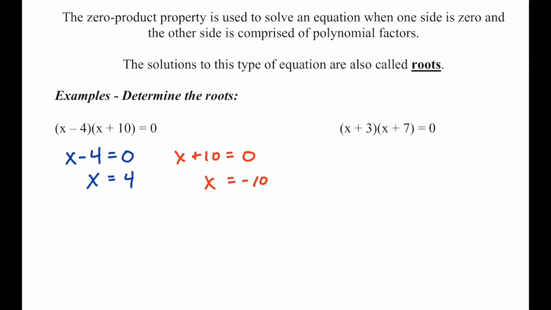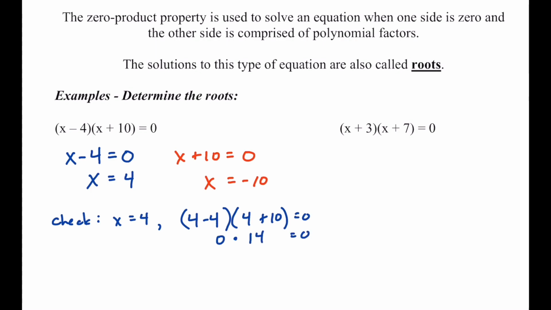To check my work, if x equaled 4, this is what I would have: 4 subtract 4 times 4 plus 10 equals 0. 0 times 14 is 0, and that checks out.